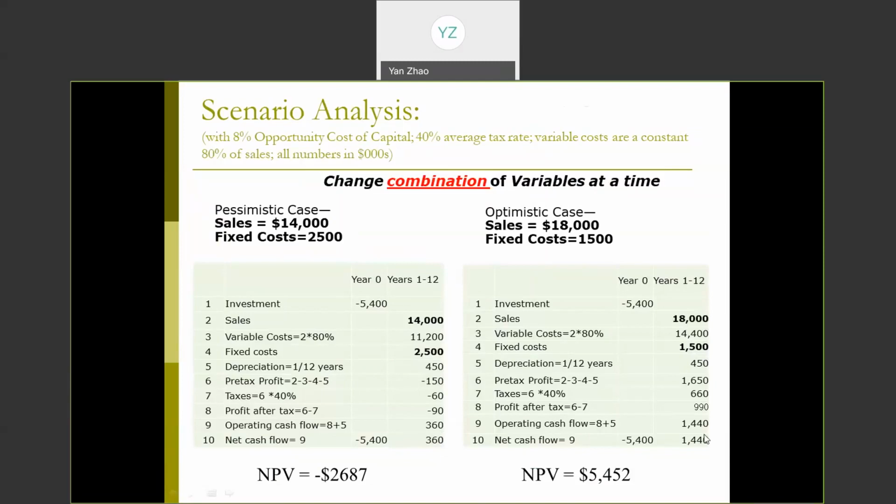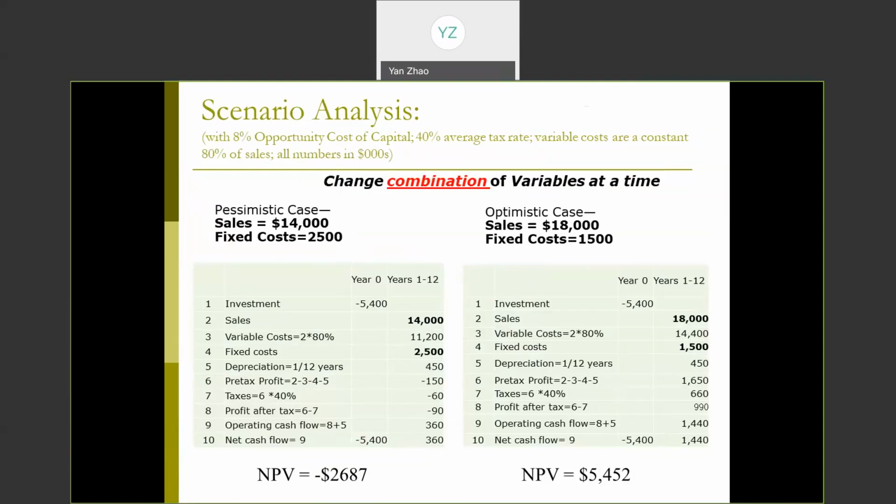While in the optimistic case, we have almost $1,500 cash flow in the next 12 years. And of course, this is going to be a very positive number, and this is going to be a very negative number. Again, at the end of the day, are you going to do this project or not? You have to give a yes or no answer.